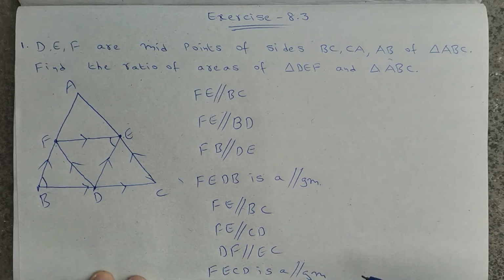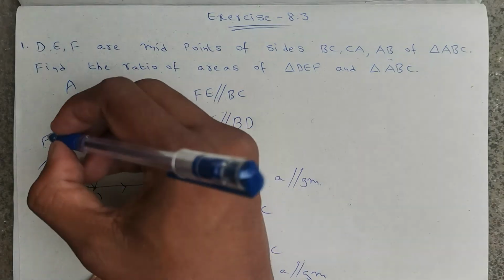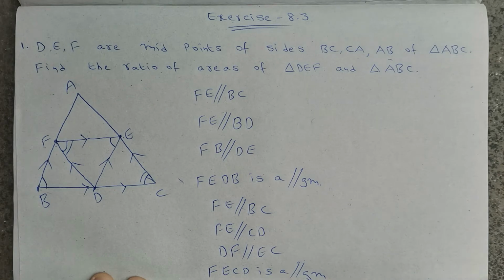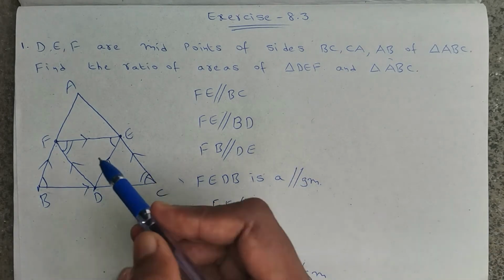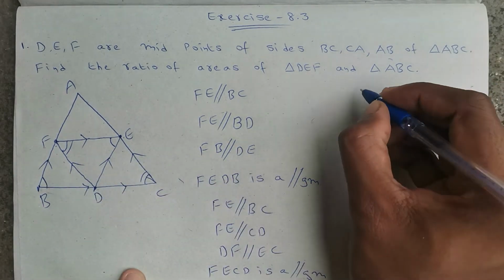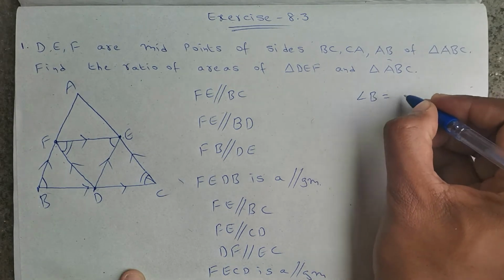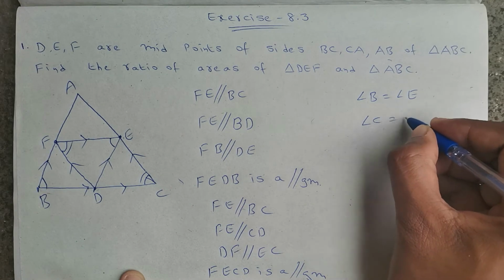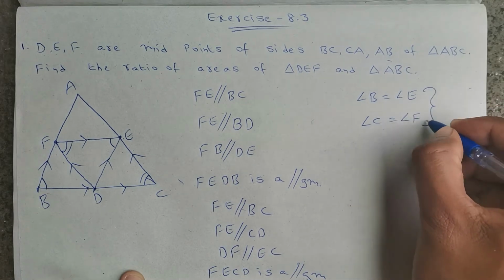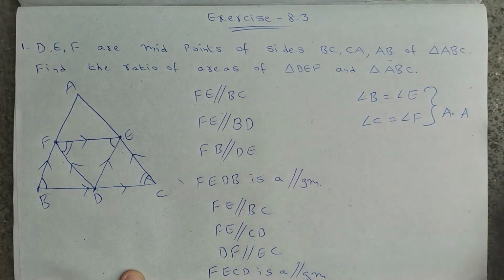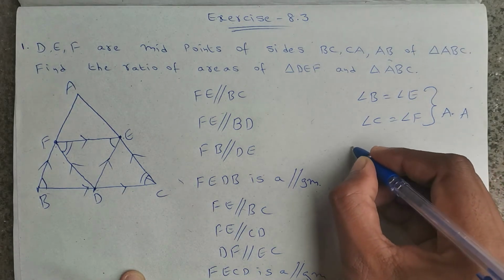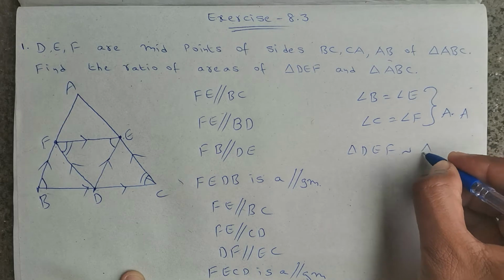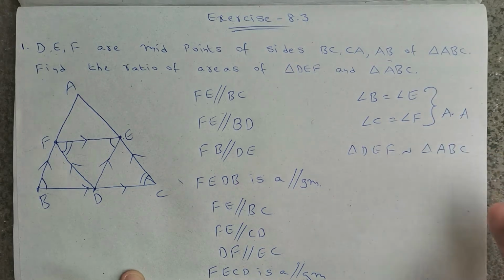If FECD is a parallelogram, opposite angles are equal to each other, so angle F is equal to angle C. Now if we write the conclusion, angle B is equal to angle E, and angle C is equal to angle F. So according to AA criteria, triangle DEF is similar to triangle ABC.